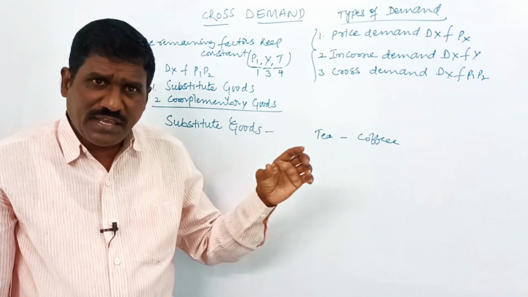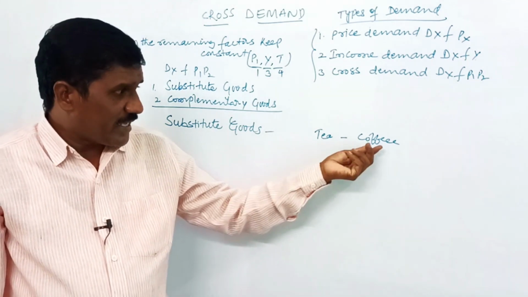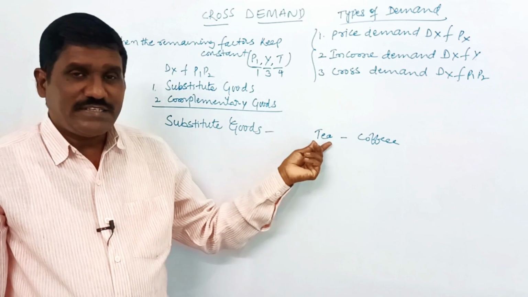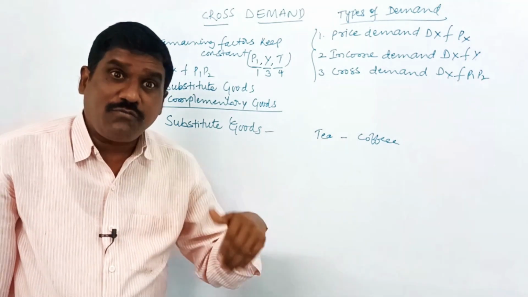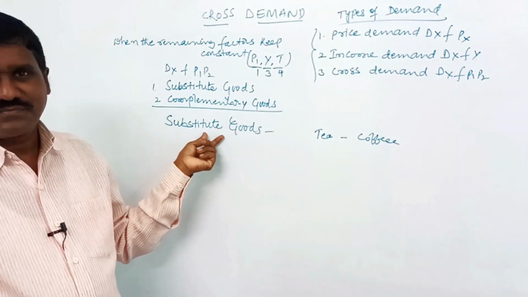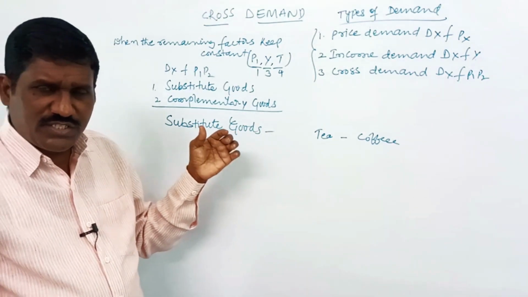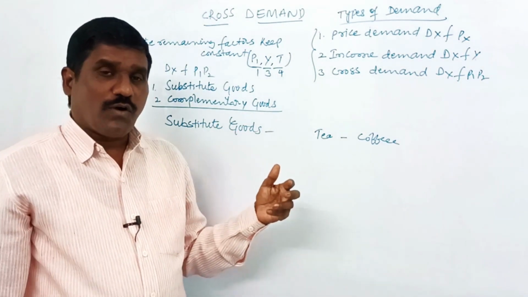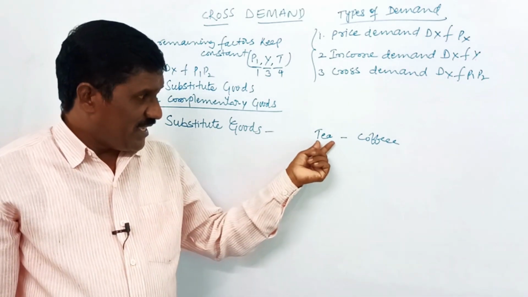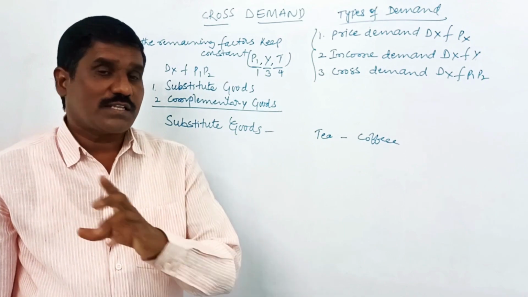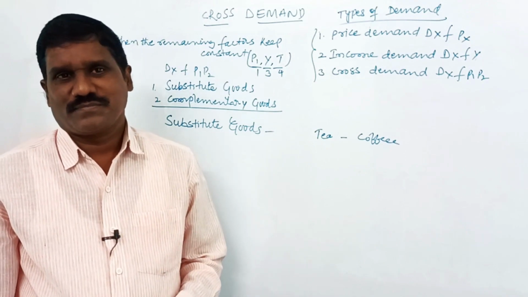You can satisfy your wants by taking coffee instead of tea. The goods which can be used instead of one another are called substitutes. So tea and coffee are both substitute goods.